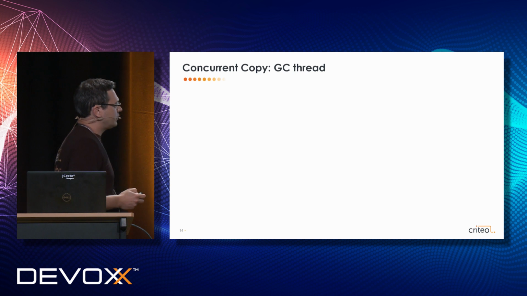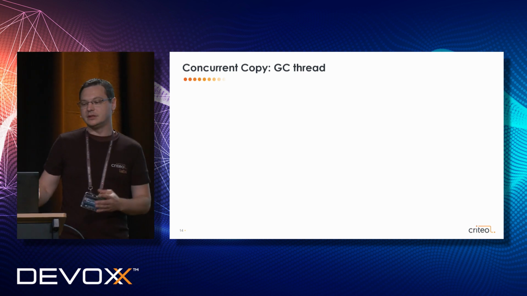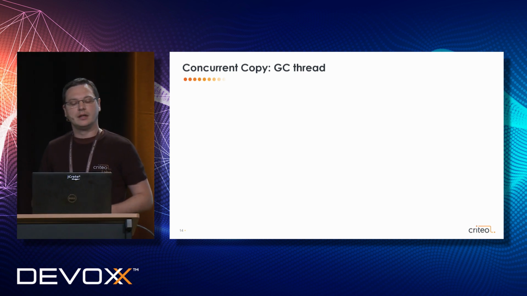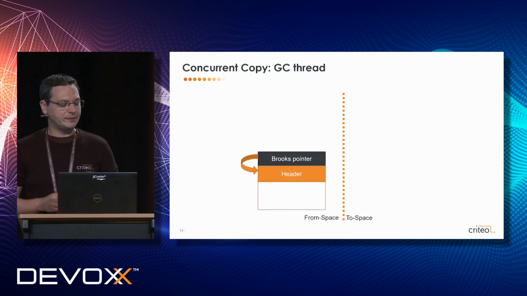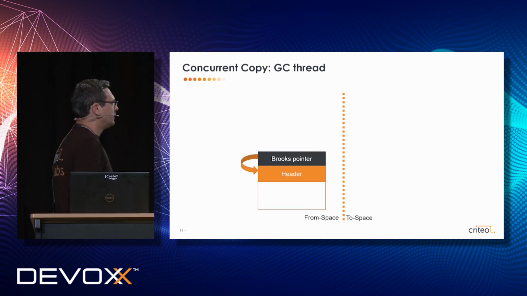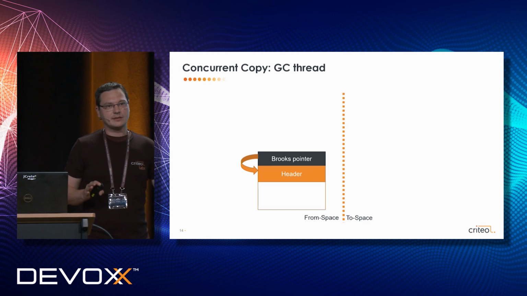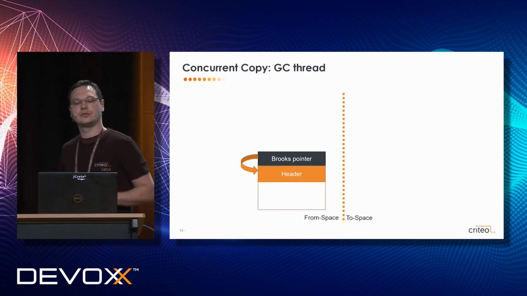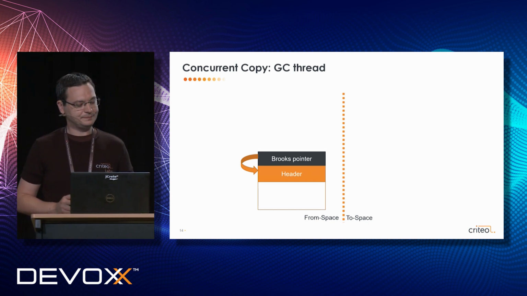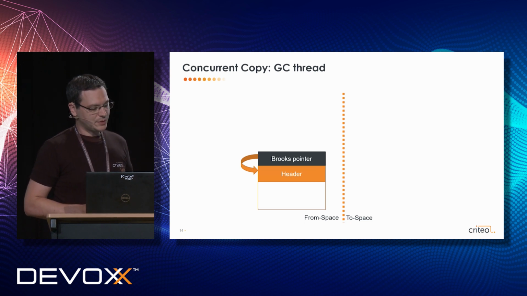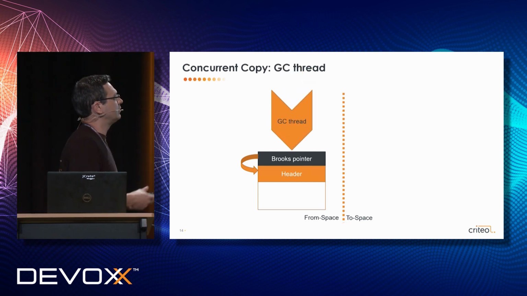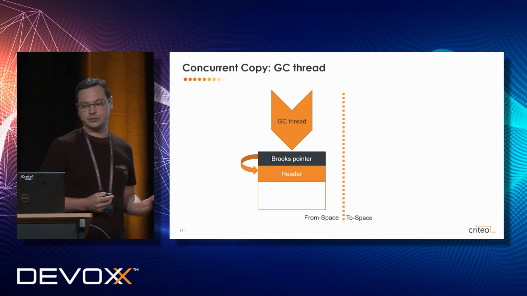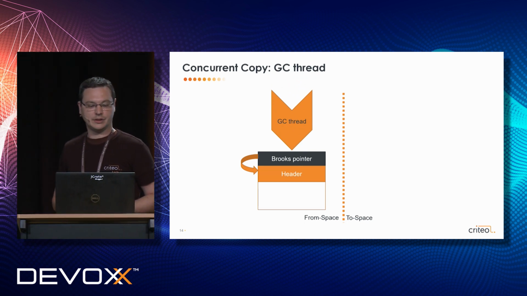What about the concurrent copy? When we deal with the concurrent evacuation, if it's done by a GC thread, it's pretty simple. We have the from space and the to space, so the source region and the destination region. We have an object, and a GC thread will get this object and move it to the destination region.